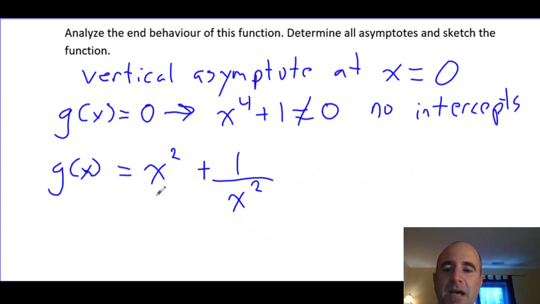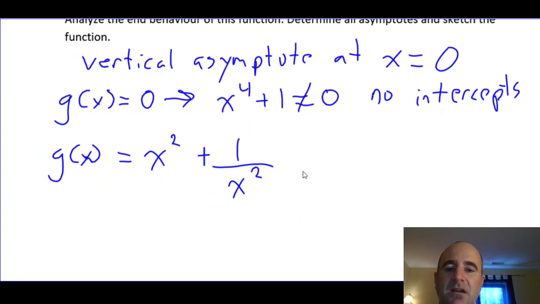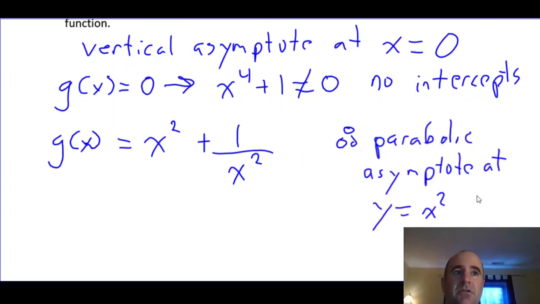And so what ends up happening is the graph looks more and more like x squared plus a little bit. And so that actually creates not an oblique asymptote, but what's called a parabolic asymptote. So there is a parabolic asymptote at y equals x squared.